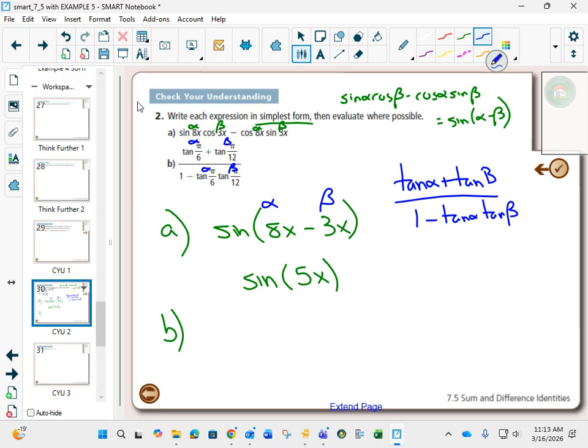So I look at my formula sheet, see if any of them match. Sure enough, this is equal to my tan alpha plus beta formula. So I can take this question and rewrite it as tan of, my alpha was pi over 6, my beta was pi over 12.